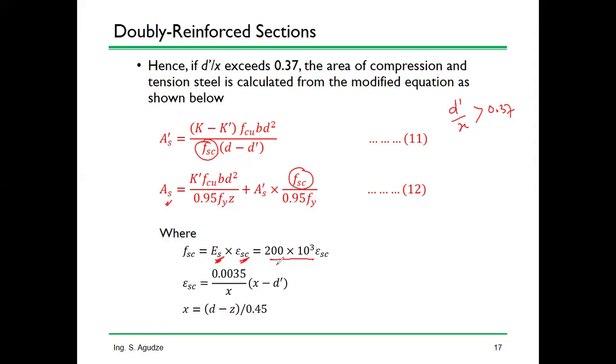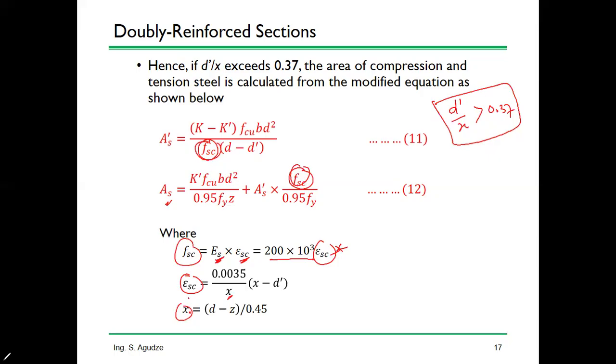So you use this equation here to calculate this parameter, 0.0035 over x minus d prime, and the x in this formula, you calculate. So it's very simple. If you get a criterion like this, then you calculate your x, calculate the epsilon SC, and then substitute it into this formula for the subsequent calculation. Okay?